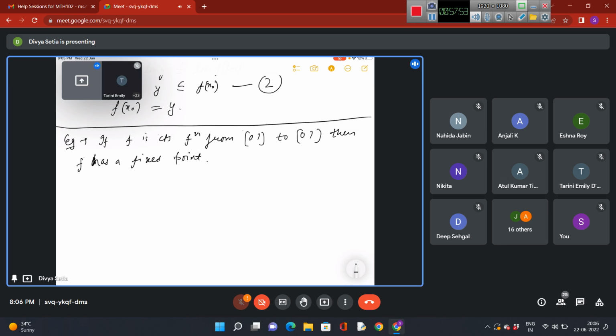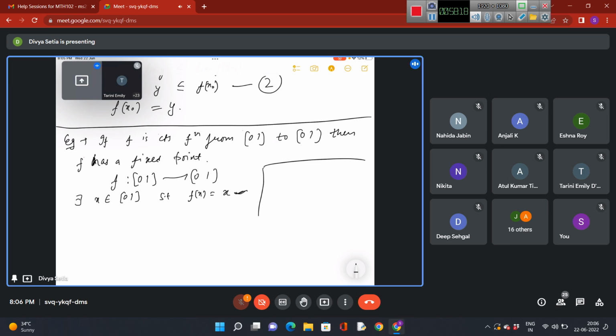So what does this example say? This is one of the applications of your intermediate value theorem. It says if f is a function from 0 1 to 0 1, then there is some x between 0 and 1 such that f of x is x. This is called a fixed point.